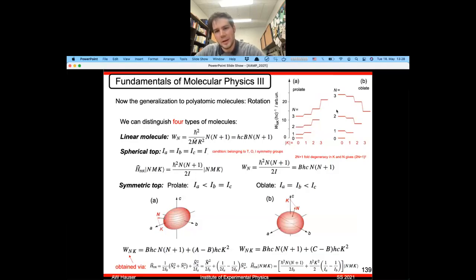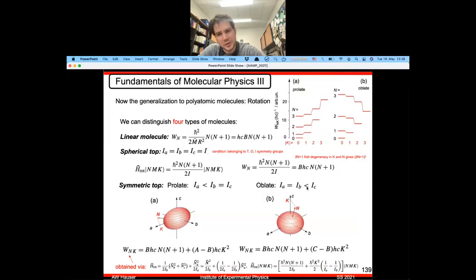For the oblate case, it's the other way around. Why? Because here we have chosen the moment of inertia axis C as our reference, because this is the unique one, the one with the highest moment of inertia. The other two have a lower, but identical one.